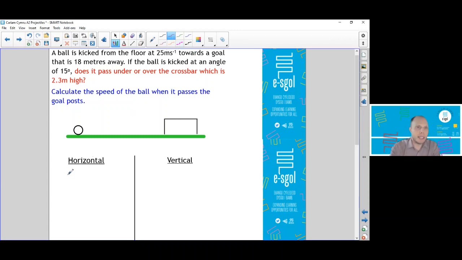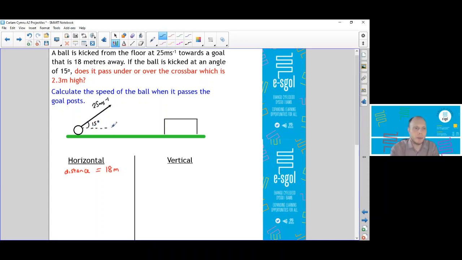Okay, horizontally speaking, we know the distance to the goal is 18 meters. If I put a little triangle on here, we were given quite a lot of information as well. The speed of the ball was 25 meters per second, and the angle that it was kicked at was 15 degrees to the horizontal.